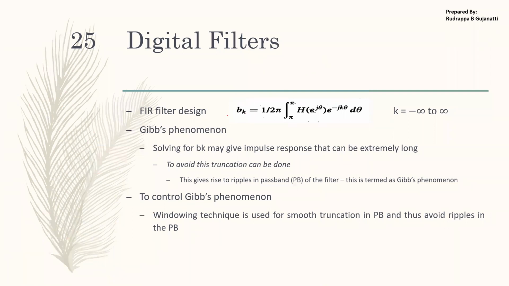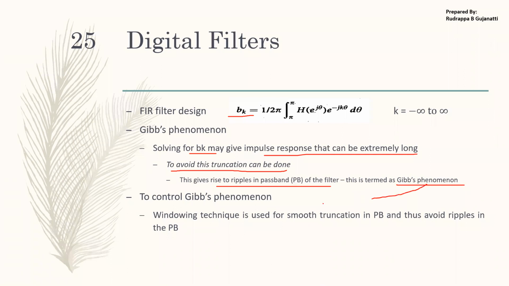So it all starts from the filter coefficients. When we want to establish a filter, the coefficients b_k can be extremely long, that is, there can be a very high number of coefficients. If that is the case, we try to avoid this extremely long sequence of b_k by truncation. But when we do this, it gives rise to ripples in the passband, which is termed Gibbs phenomenon.